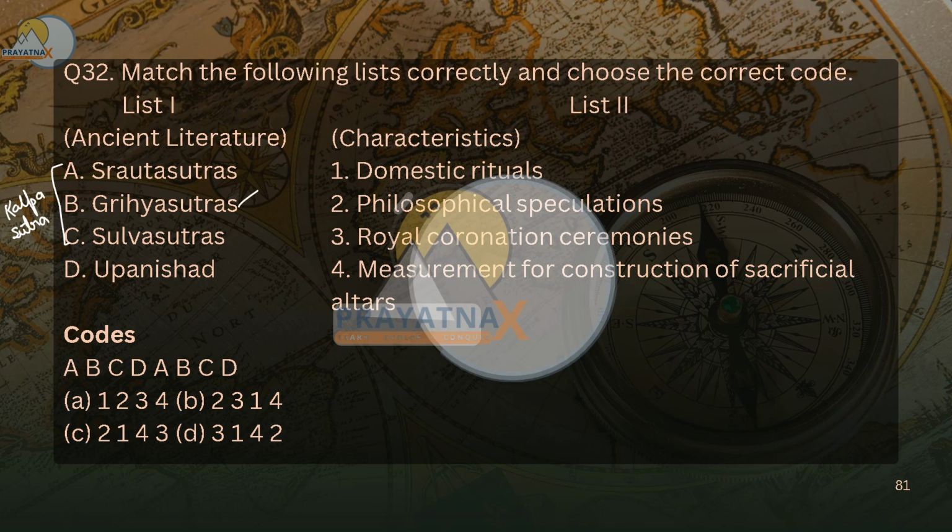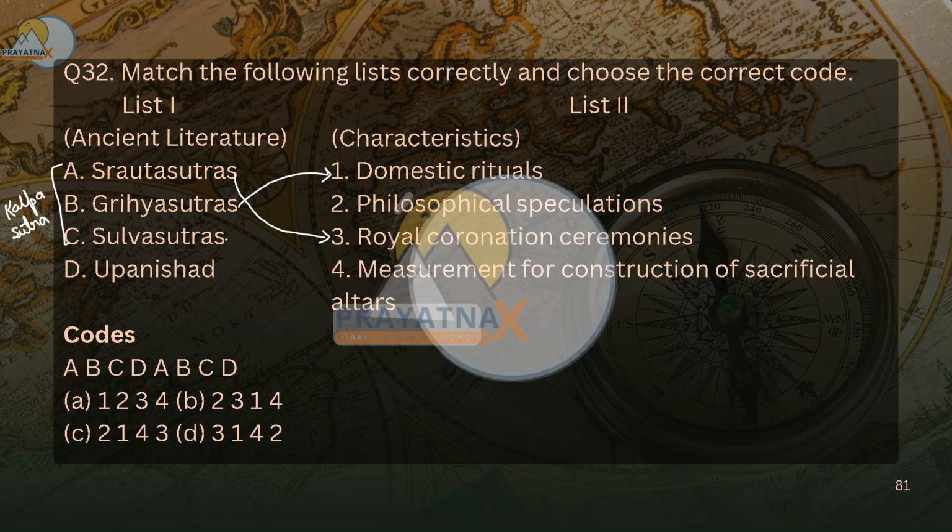So this is related to domestic rituals. Srauta Sutra is related to the royal coronation ceremonies, and Sulba Sutra offered knowledge about geometry and other mathematical information, particularly related to the construction of sacrificial altars which were used to perform the Vedic sacrifices.